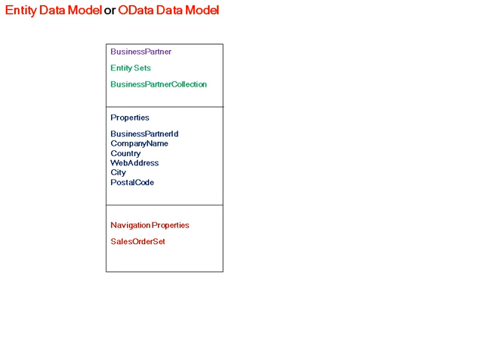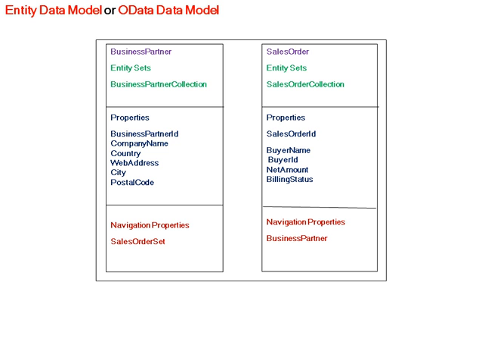Entity data model or OData data model. In this example, we are taking the business objects business partner and sales order. In both the business objects, you will find the entity sets, properties, and navigation properties.